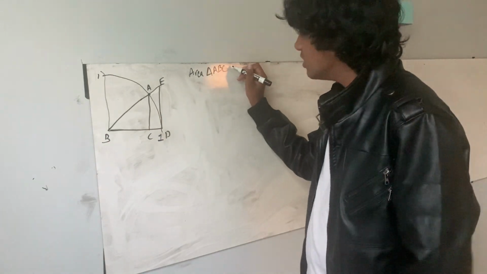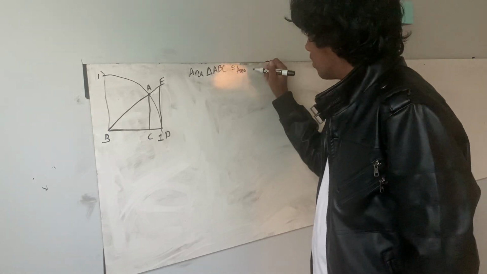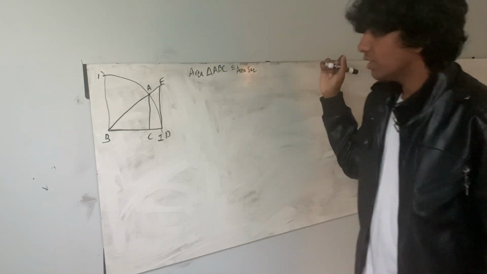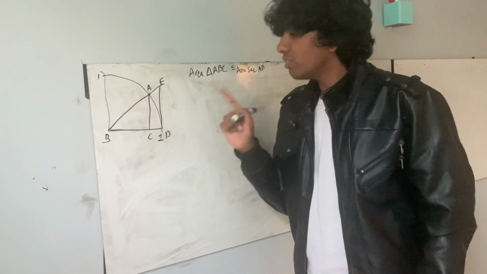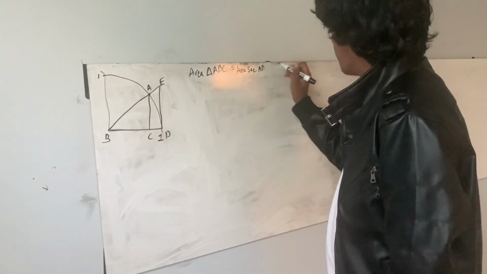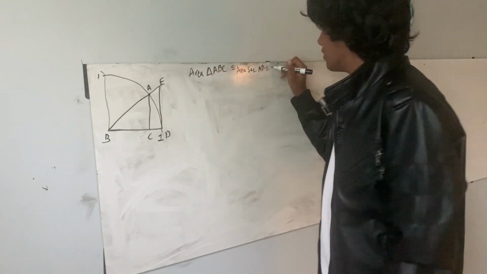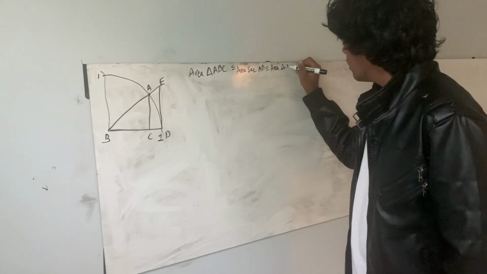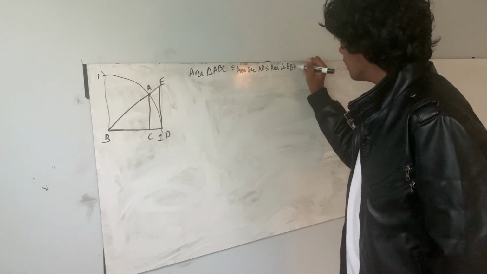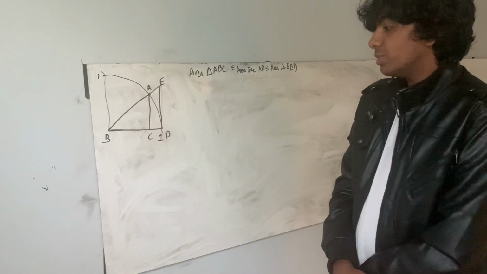So the area of the triangle is going to be smaller than or equal to the area of sector AD. And this third triangle here, EBD, is also going to be greater than the area of the sector. So this is the area of triangle EBD.